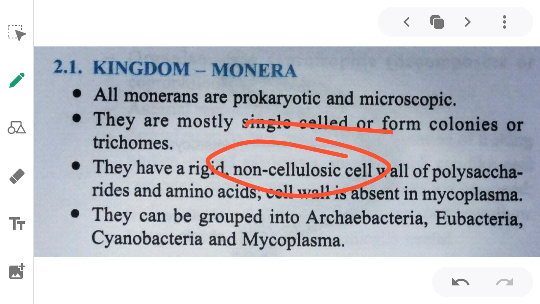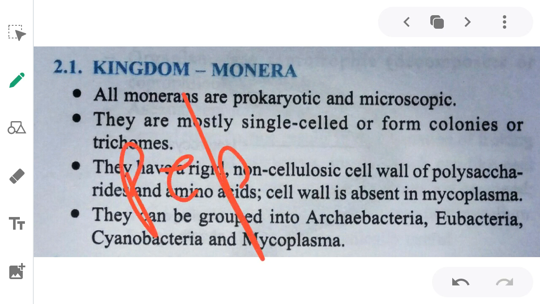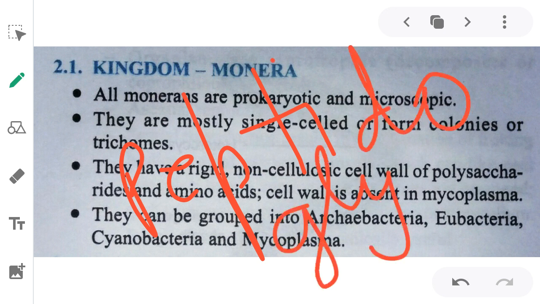The material is a polysaccharide but not cellulose, that is peptidoglycan. So bacteria's cell wall is made up of peptidoglycan, not cellulose.